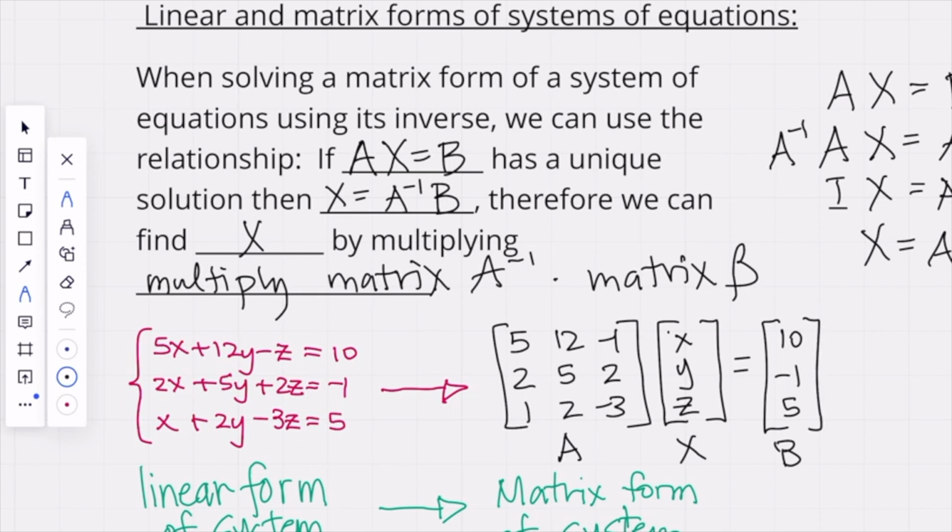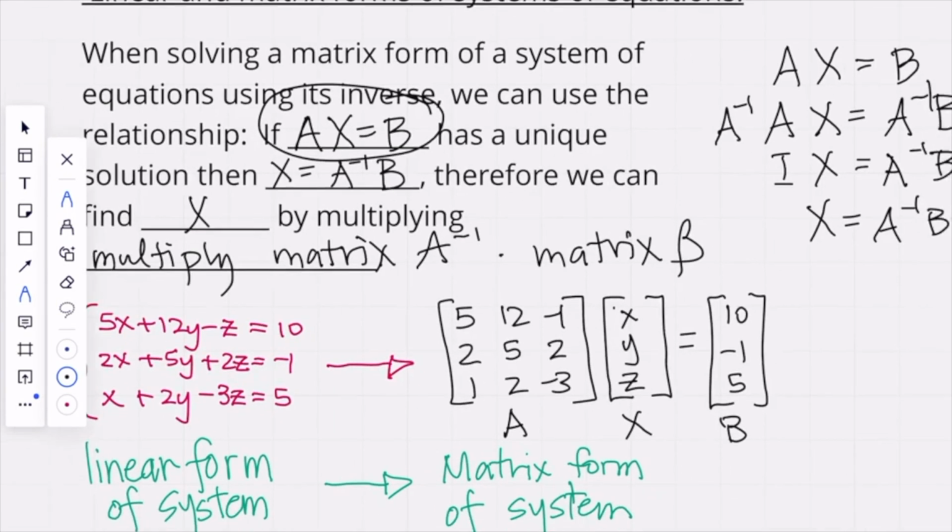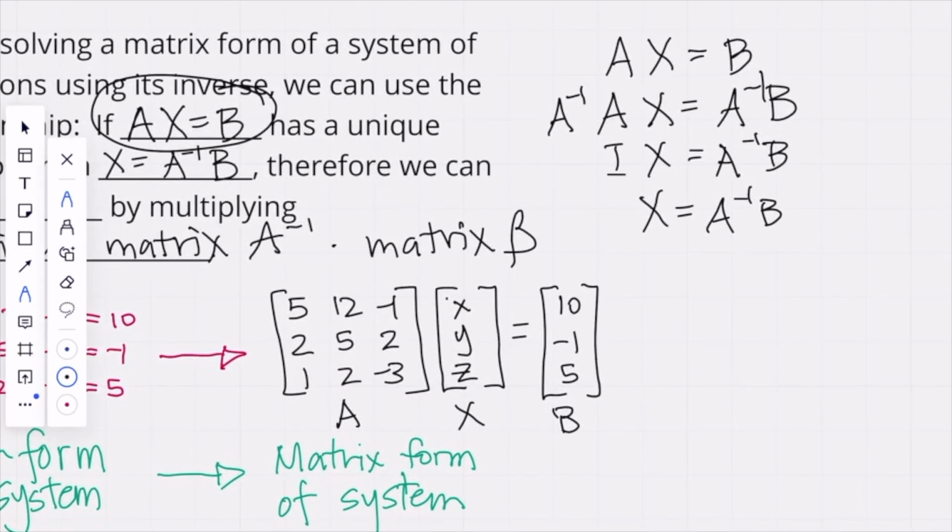So if AX equals B, which is what we were saying here, then X is going to equal A inverse times B. To solve this, if I've already got A in my calculator, then all I'm going to do is multiply A inverse times B, 10, -1, and 5.